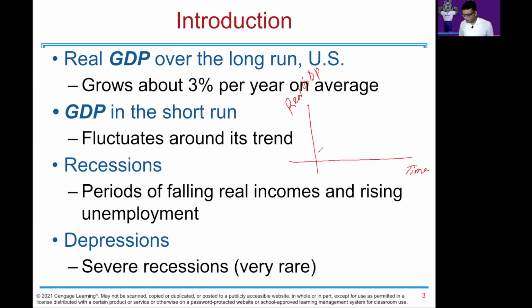Then over time it could be like this. So this is your average real GDP over time. But in the short run, it could be something like this. So this fluctuates around its trend. It could be higher than the average trend, sometimes it would be lower than the average trend.